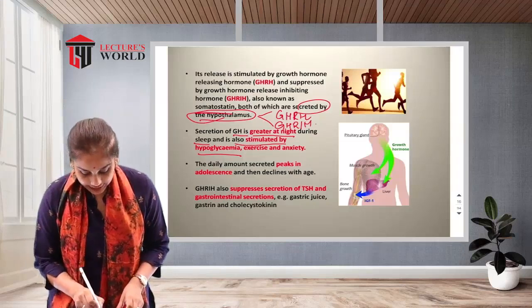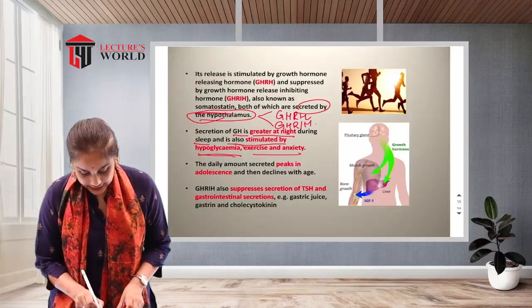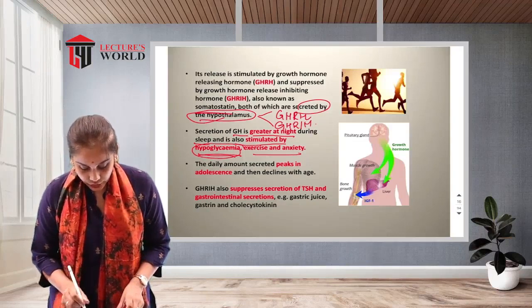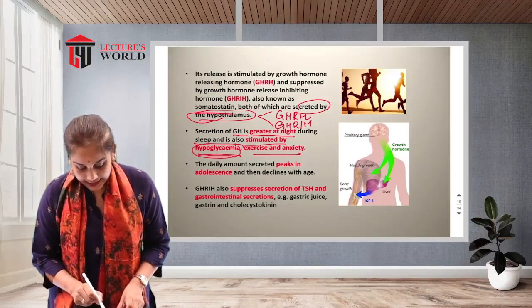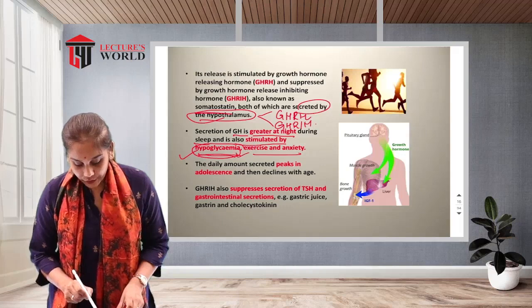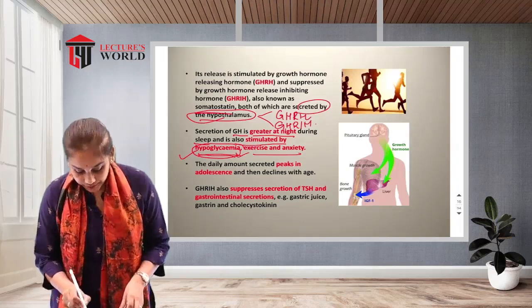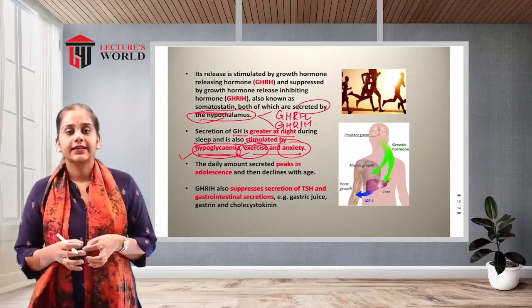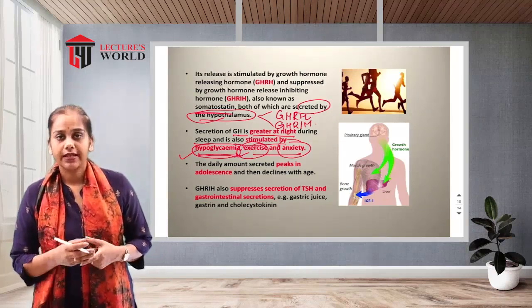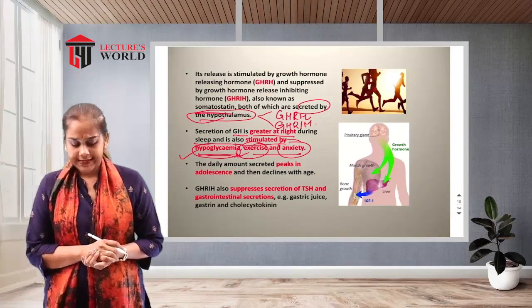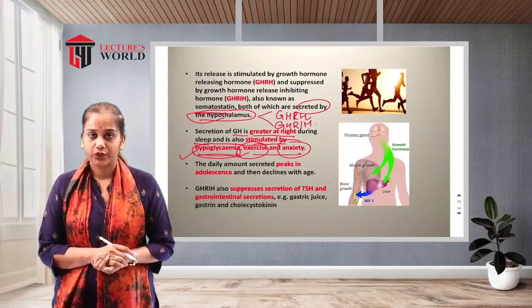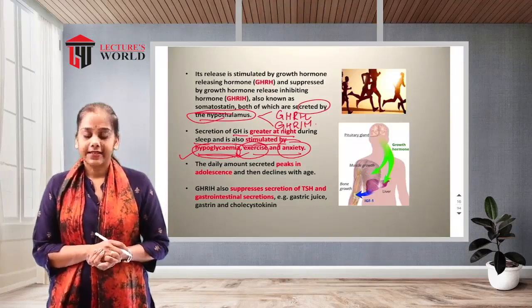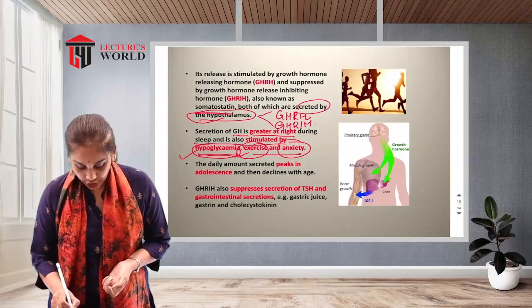Also there are some factors that can affect growth hormone release: hypoglycemia, exercise and anxiety. These can cause stimulation or secretion as well as stoppage of the hormones.